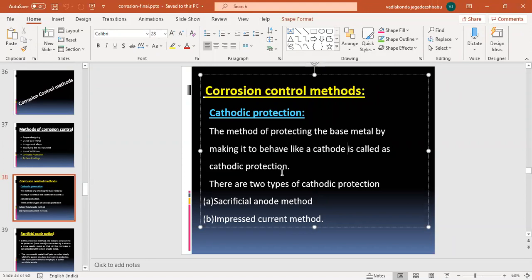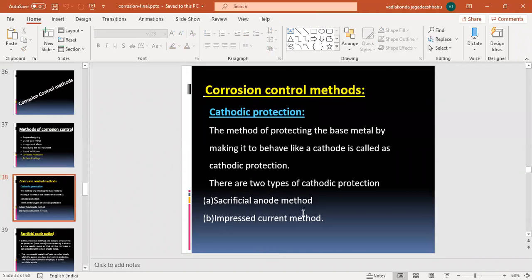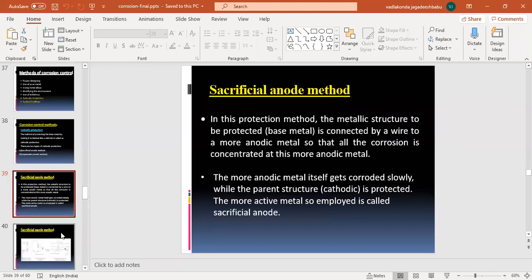It is known as cathodic protection because we are converting the metal by force into a cathode to protect our desired metal. For that we apply two different methods: the sacrificial anodic method and the impressed current cathodic method. Coming to the sacrificial anodic method, to make our desired metal the cathode, a metal having very high oxidation potential is connected to the metallic structure to be protected.